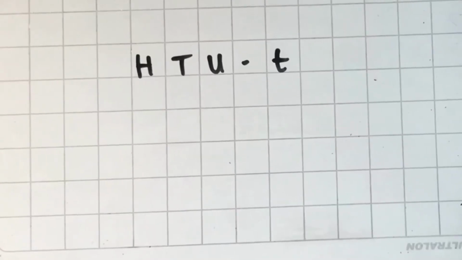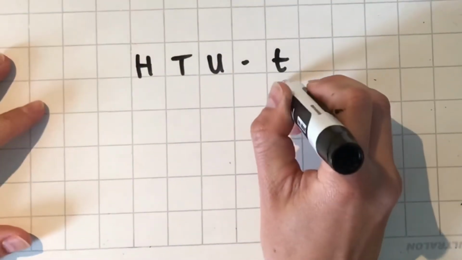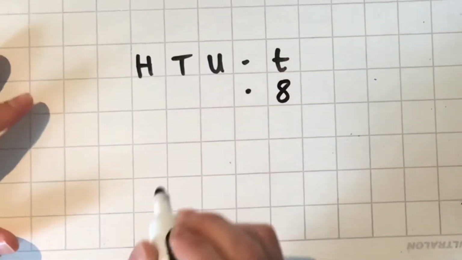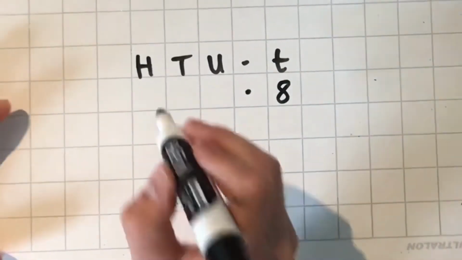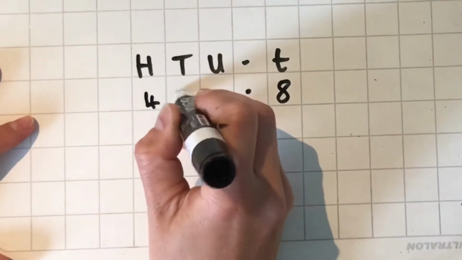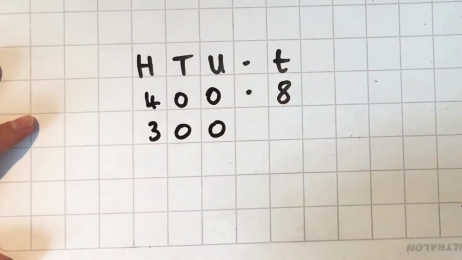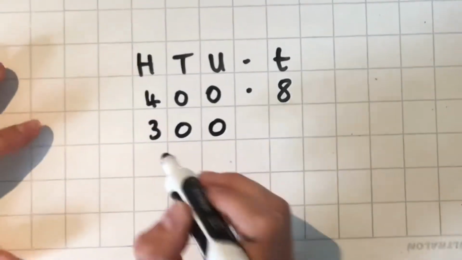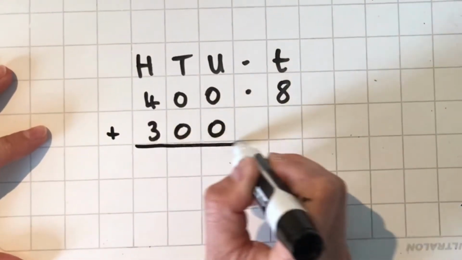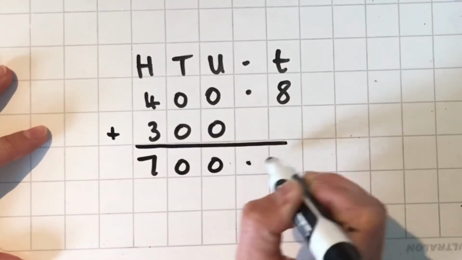Think about question number 6. You've got 8/10, and 40 tens is actually 400, and 300s. Add those all together and you get 700.8.